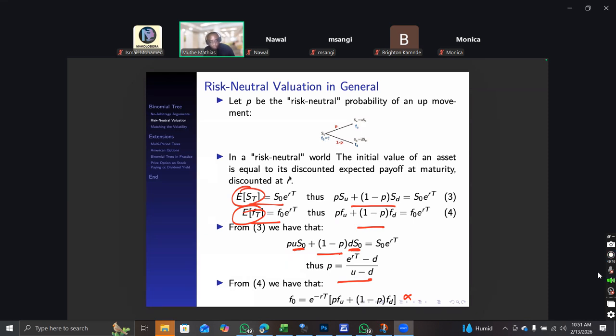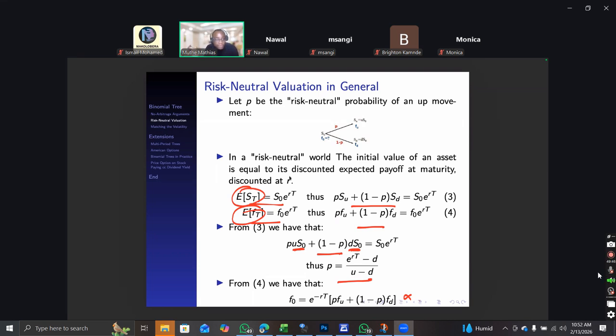We end up showing that the value of the option under the risk neutral valuation and the no arbitrage argument are actually the same. So if the no arbitrage argument makes sense to you, then the risk neutral valuation makes sense to you. Although we make all these hypothetical assumptions where investors are indifferent to risk, that should make sense to you, because we end up getting the same thing anyway.